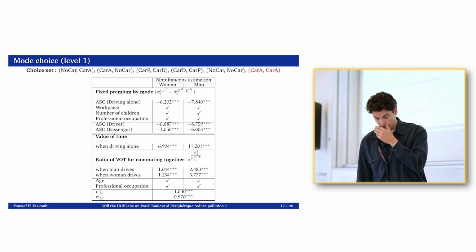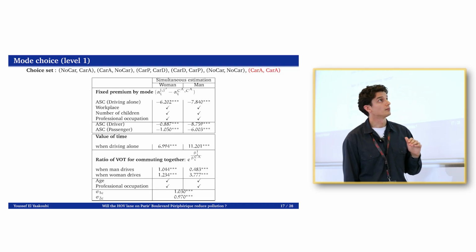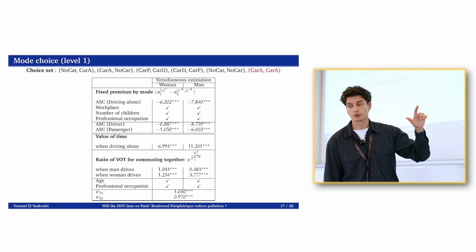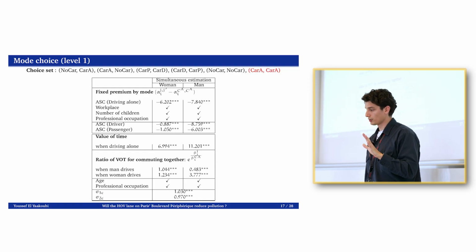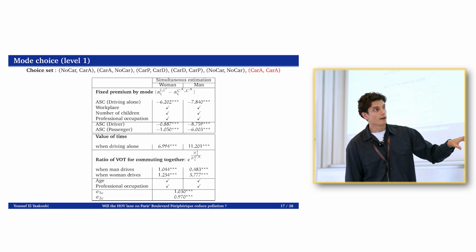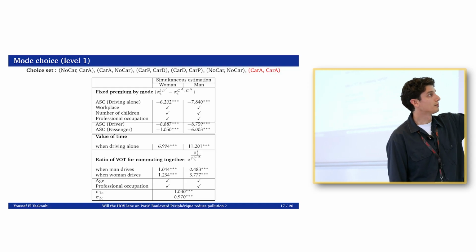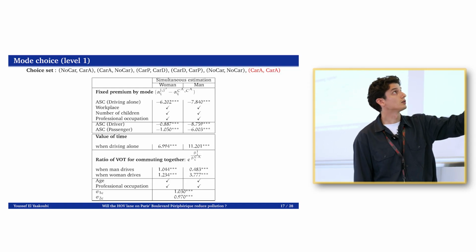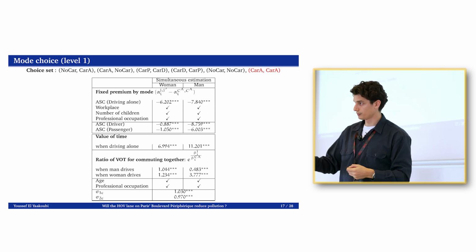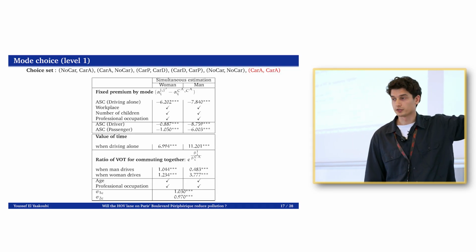On the level 1, this one is interesting. We can see that the value of time when driving alone for the woman is 7 euro per hour, and for the man it's 11 euros per hour. And here you can see that when the man drives, the value of time, so how a woman perceives the time of commuting to work, is increasing by 4.4%.